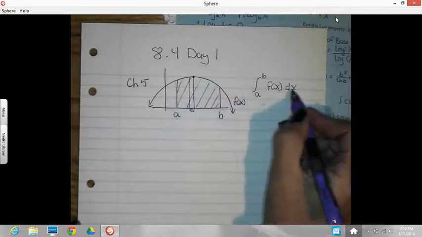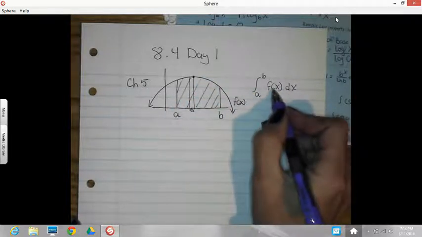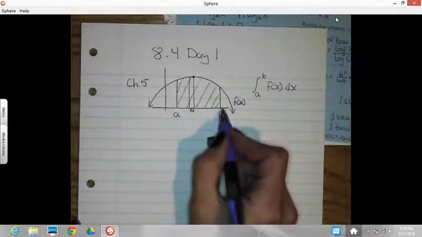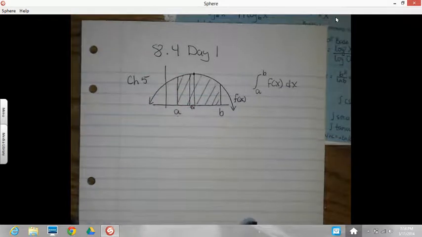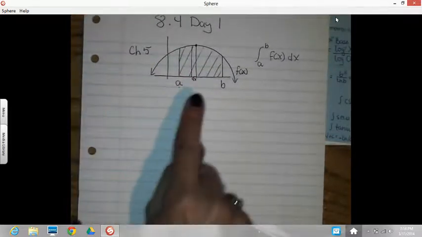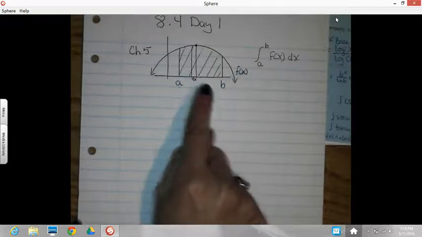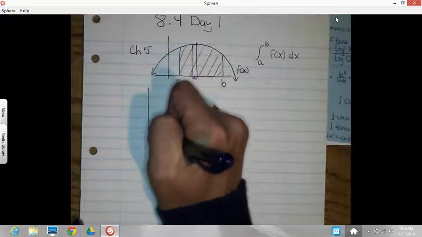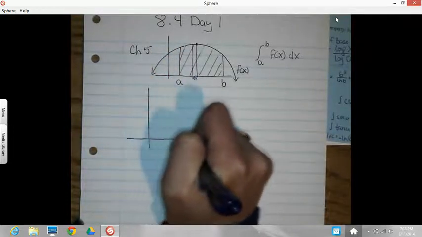So this is actually finding the area of a single rectangle, and by doing it from a to b, it covers the whole interval. What we're going to do in this section is find the area between two curves, which is going to end up being a very similar process. So let's take two generic functions.